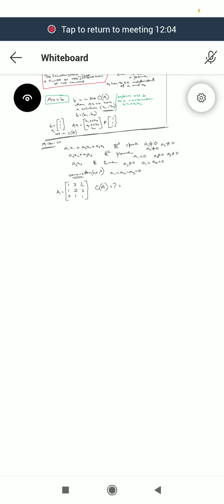Here, as you can see, 1 1 0 and 3 2 1, these are the two independent vectors. Now let us talk about 4 3 1, the third vector, whether that is independent or not. What is 4 3 1? So it is dependent on the first two vectors.